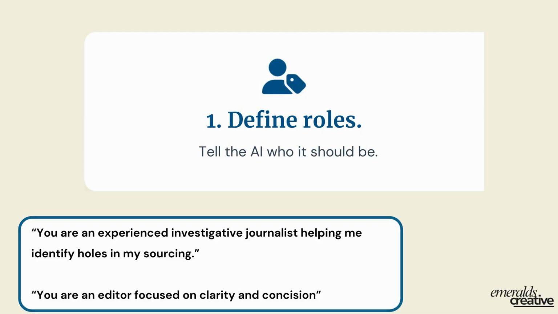Or, you're an editor focused on clarity and concision. When you give the AI a role, it adjusts its tone, focus, and the kind of feedback it provides. This is called role-based prompting, and it's actually one of the most effective techniques out there.